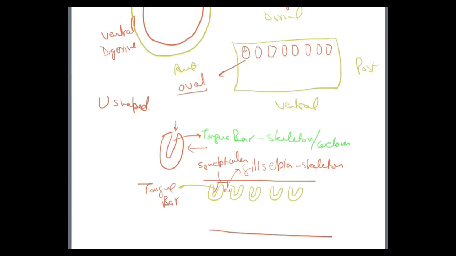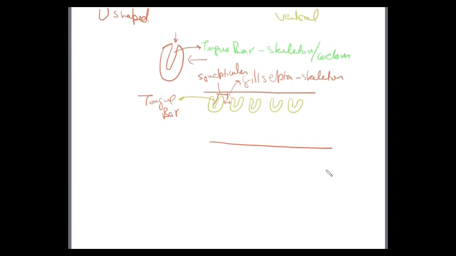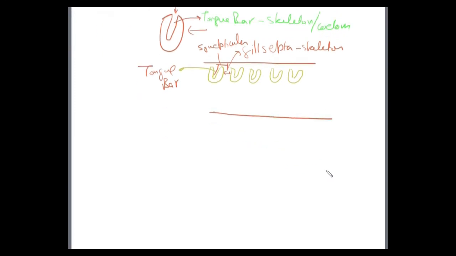Now what happens? We have a pharyngeal wall perforated with U-shaped gill slits. Now these gill slits do not directly communicate with the outside environment, but through a sac known as the gill sac. So suppose this is the pharyngeal wall and this is the body wall.